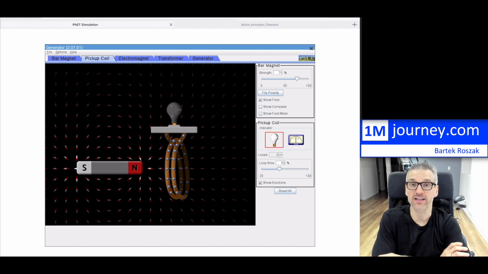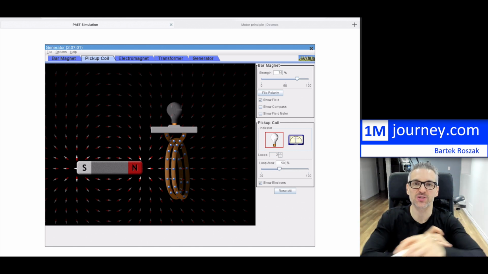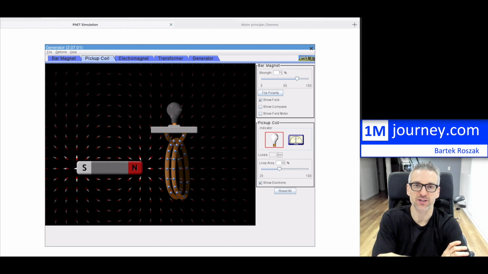And that is exactly what we're going to utilize to see how we can create electricity, basically, how to create an electric generator.